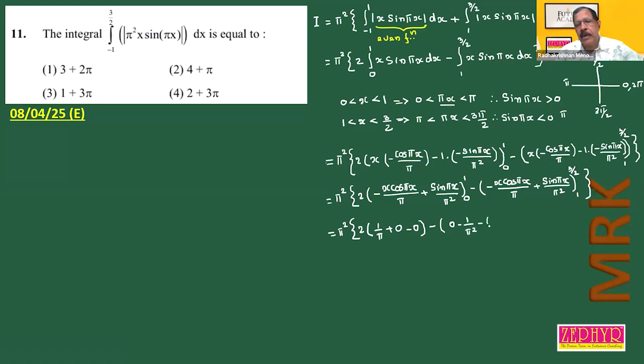Minus. When you put the lower limit, we are putting x is equal to 1. Here you will again get 1 into cos pi, that is minus of -1, you will be getting 1 by pi. Then the next term will be sin pi, which is equal to 0.